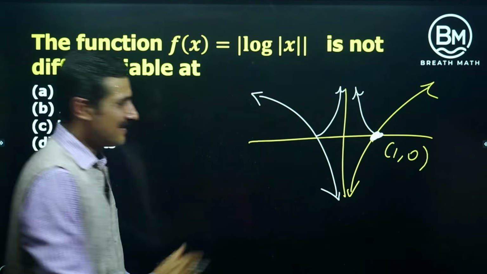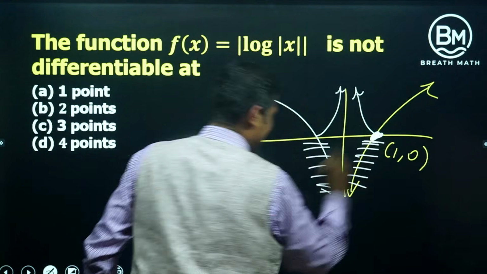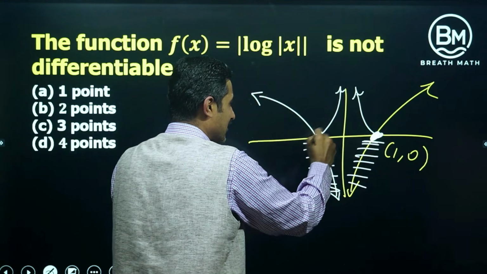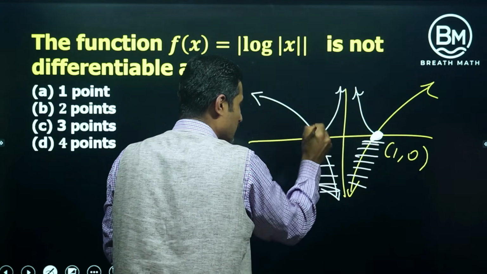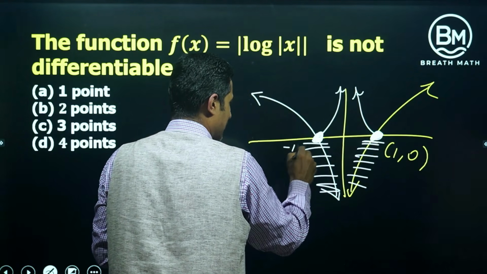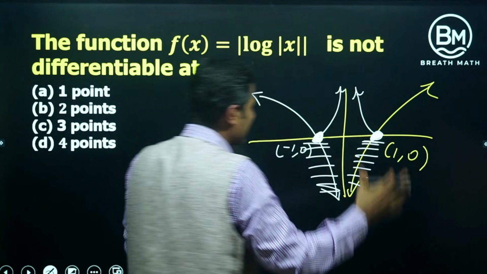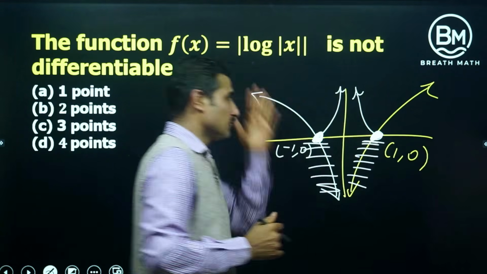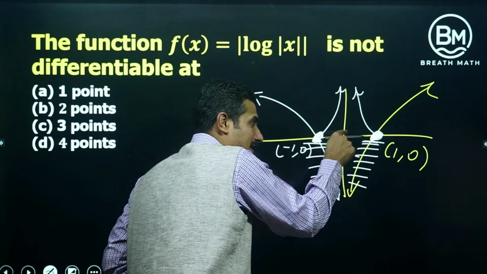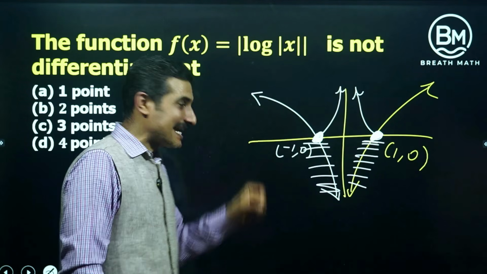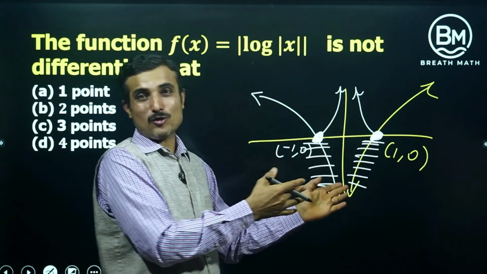How is it? You have to cut the portion below the x-axis and take the mirror image, and you do get sharp edges at +1 and also at -1. This one is the point, maybe (-1, 0). So by looking at the graph, you can conclude that the function is discontinuous at x equal to 0, and it is not differentiable at -1, +1, and of course at 0.